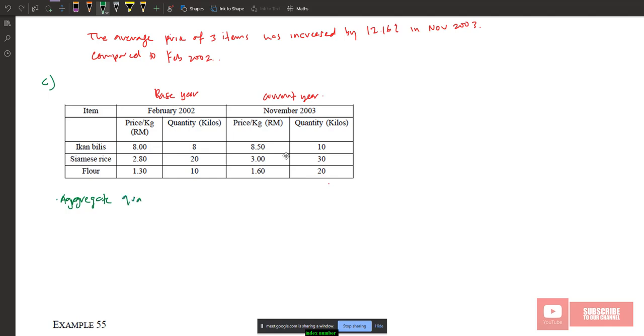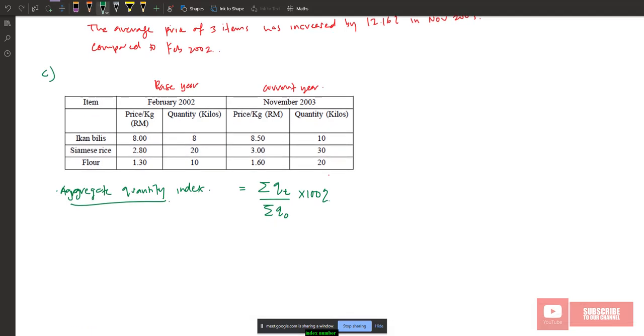Aggregate quantity index. So the formula for aggregate quantity index is summation of quantity in current period divided by summation of quantity in base period multiply with 100%. So this is the formula for aggregate quantity index.